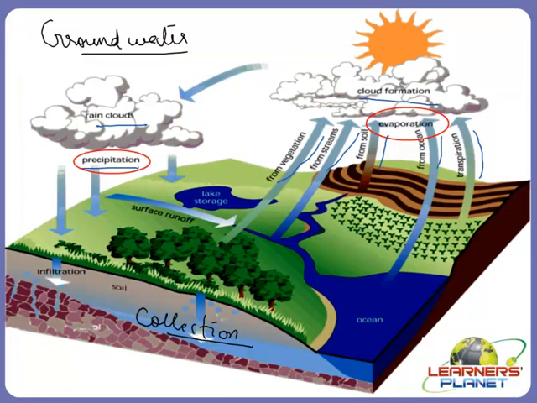So that was all about the water cycle. Now let us revise all these terms again. Yes, in this water cycle, which are the important processes? First is evaporation. The sun's heat changes the water in oceans, rivers, ponds and other water bodies into water vapor.